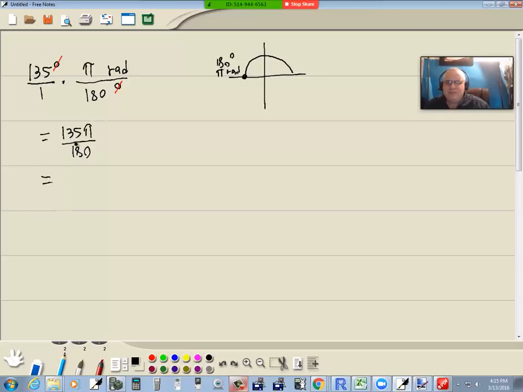These are both divisible by 5. 27 over 36. Looks like they're divisible by something else. 3 pi over 4.